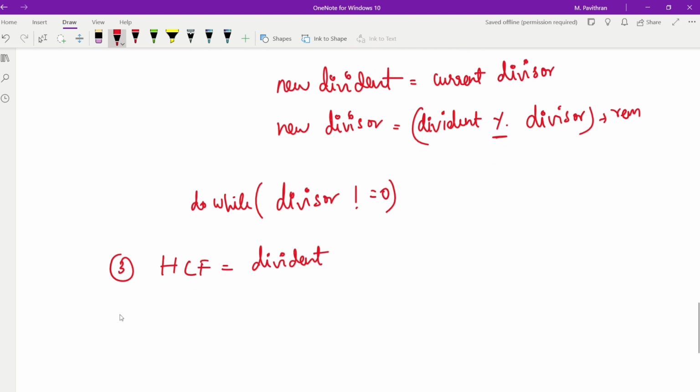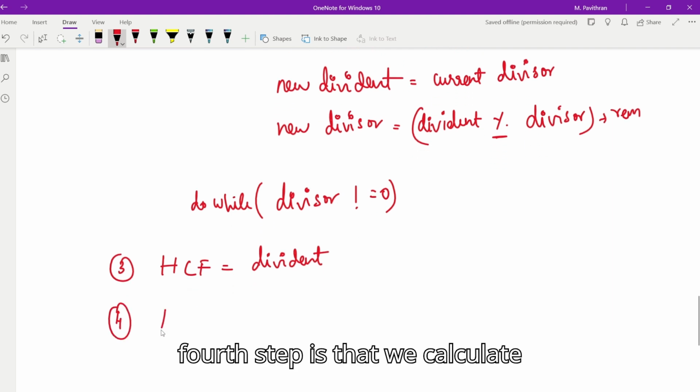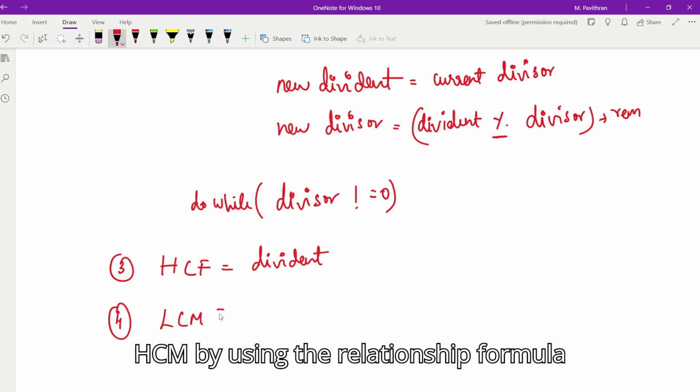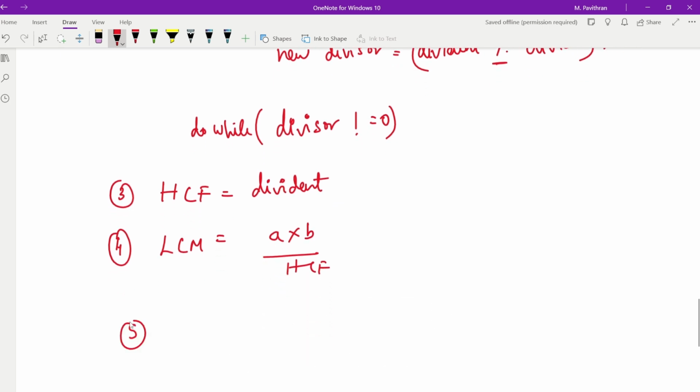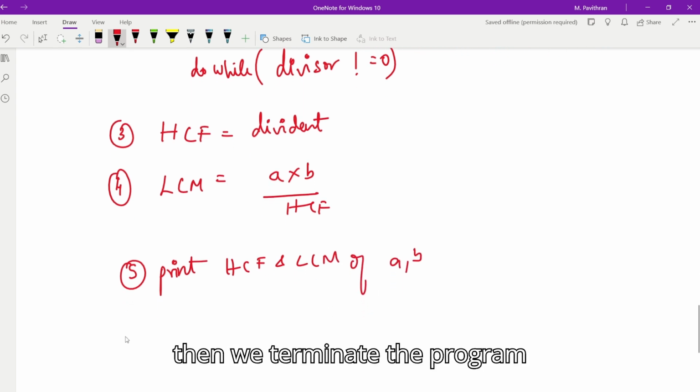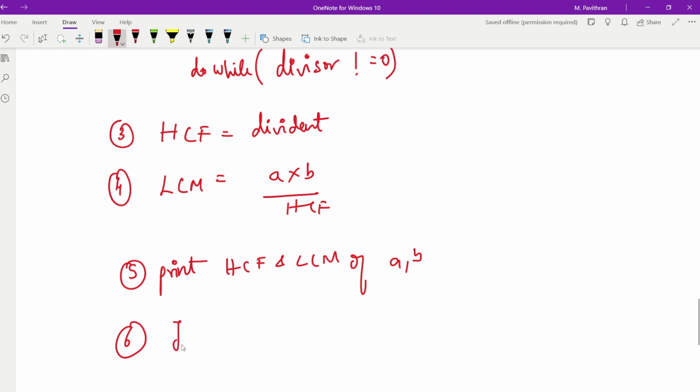Fourth step is that we calculate LCM by using the relationship formula, that is A by B by HCF gives us LCM. Then we print the HCF and LCM of A and B. Then we terminate the program.